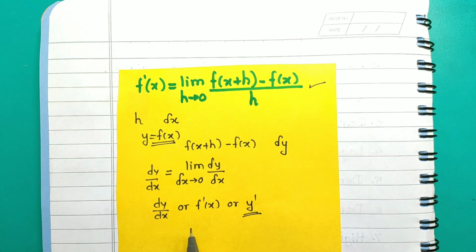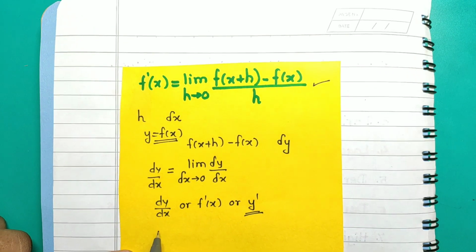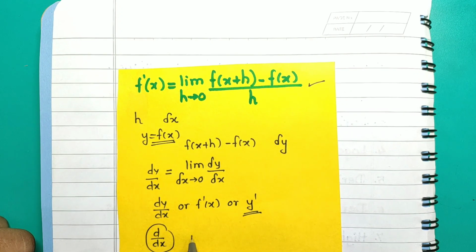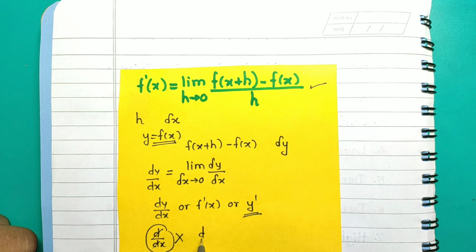Note that d by dx is just a symbol to denote derivative. It is not like the d's get cancelled. So keep in mind that d by dx is just a symbol to denote the derivative of y with respect to x.